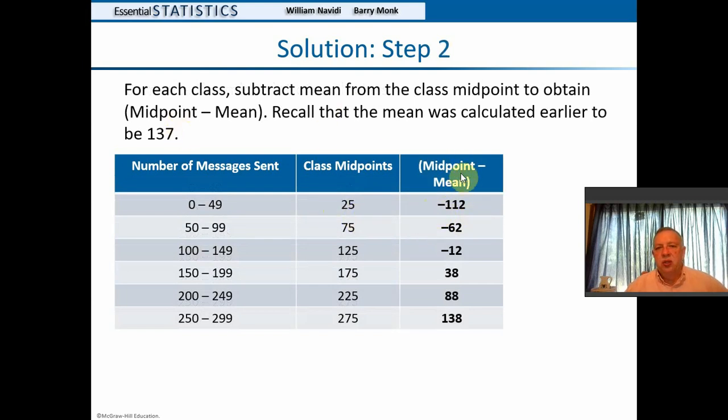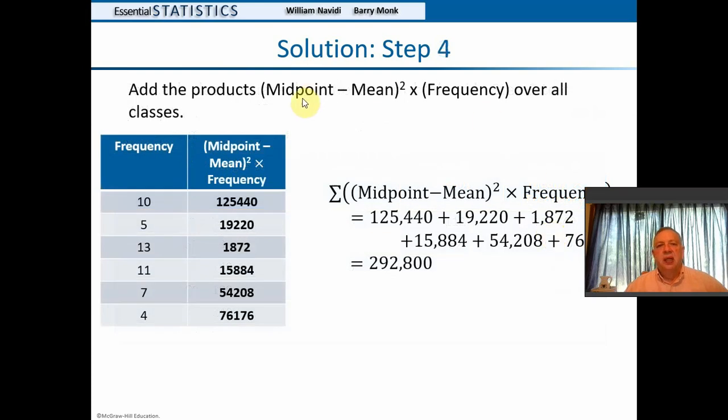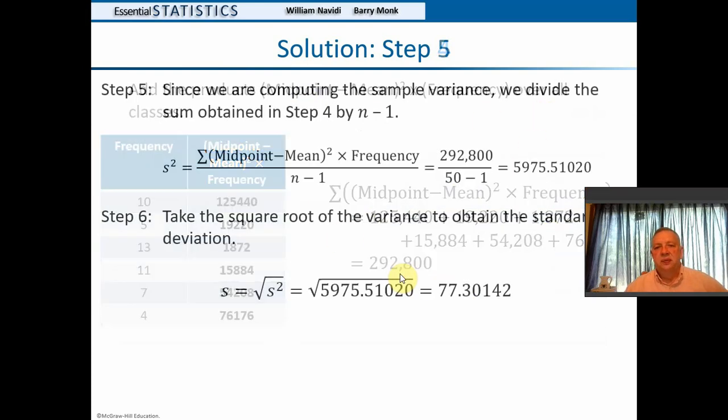Then I'm going to do the deviations, the midpoint minus the mean that we had calculated before, times the frequency. We're going to add these up all the way down.